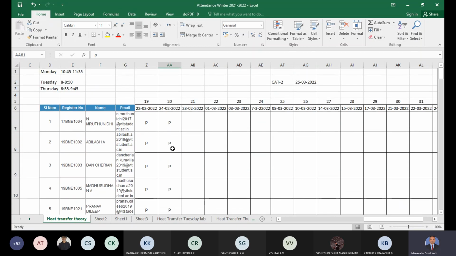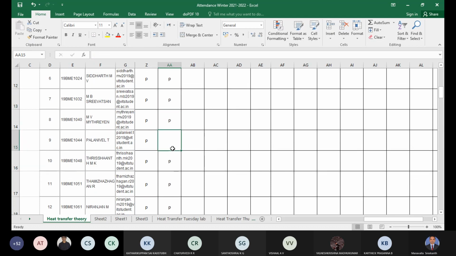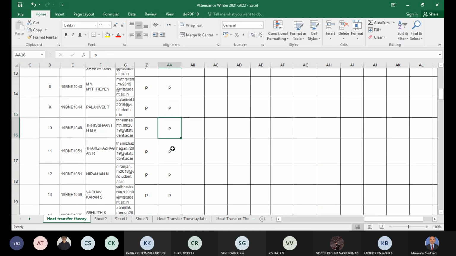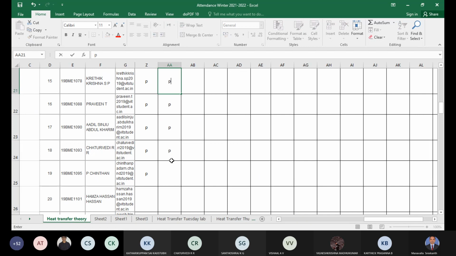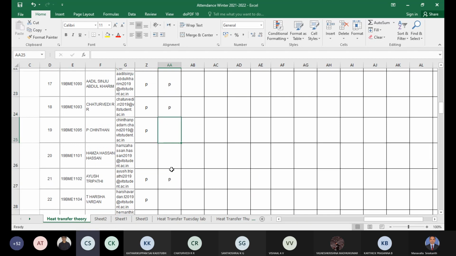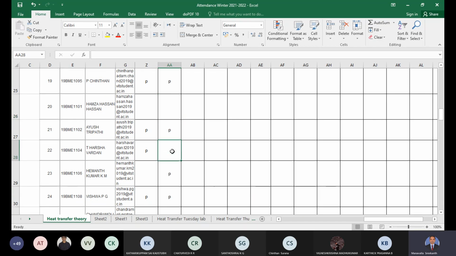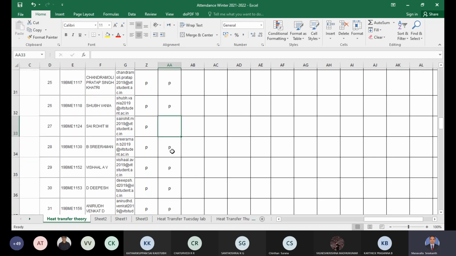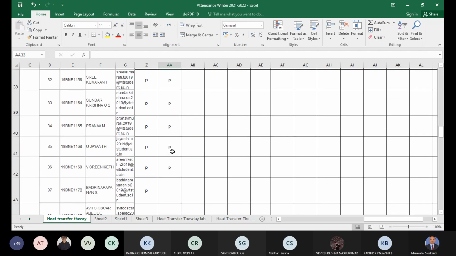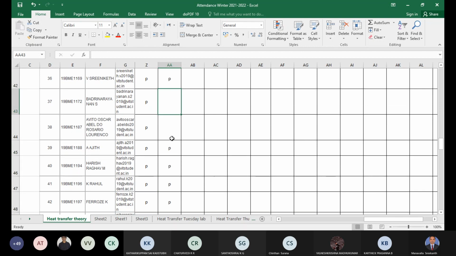I'll call absentees once again. Siddharth, present, sir. Palanivel, present, sir. Pratik Krishna, present, sir. Chintan, present, sir. Badri Narayanan, present, sir.